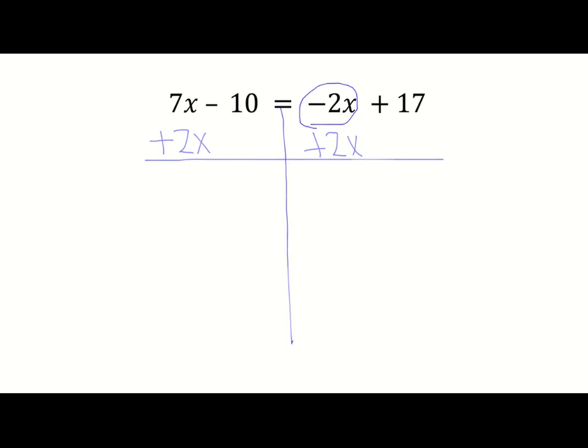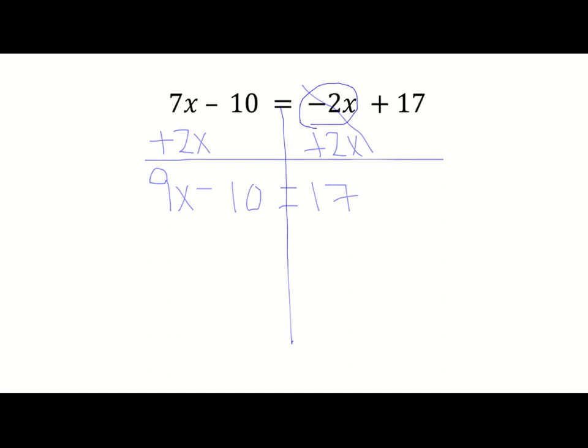So when I add 7x and 2x, remember, you're just adding the coefficients. So this is 9x. We still have the minus 10, and that's going to equal, on the other side, negative 2 plus 2, they cancel each other out, so we just have the 17. Now we're left with the two-step equation to solve, like we had done in previous lessons.